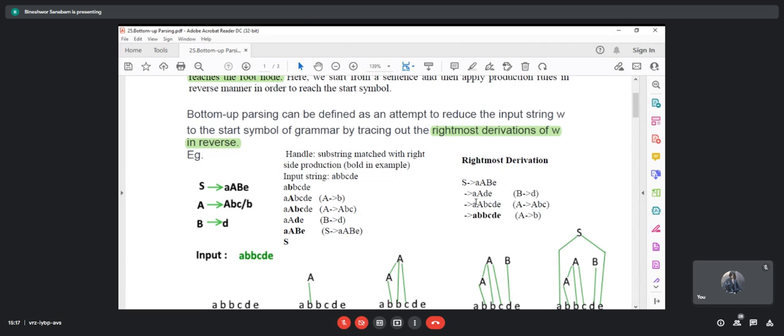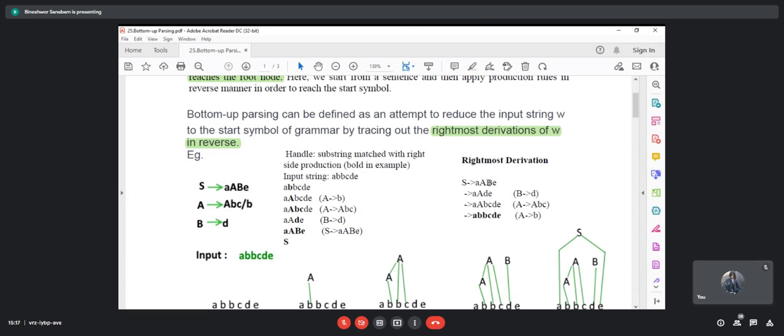so this is our step. When we're talking rightmost derivation, we're going to change our non-terminals to terminals, or non-terminals to variables.